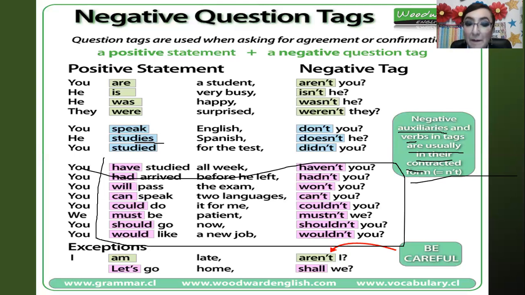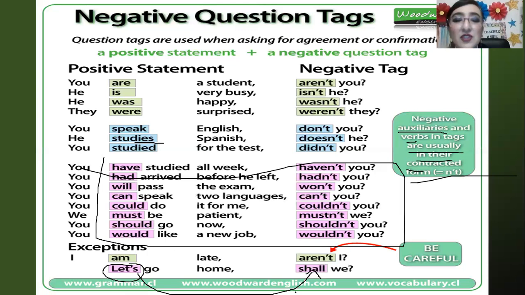Or for example, let's go home. Shall we? Always that you have let's, you are going to be making use of this shall. And shall is going to be for possibilities also.